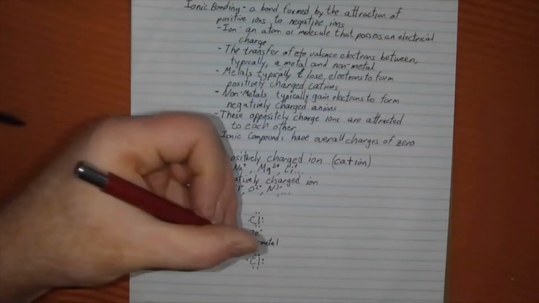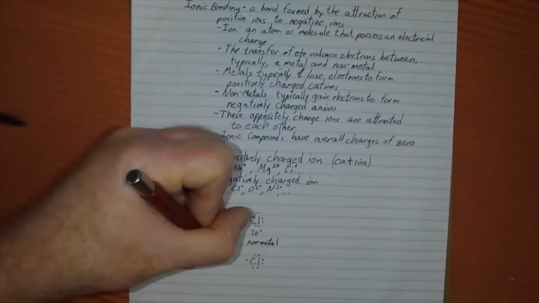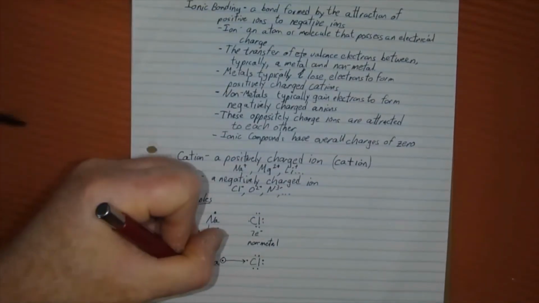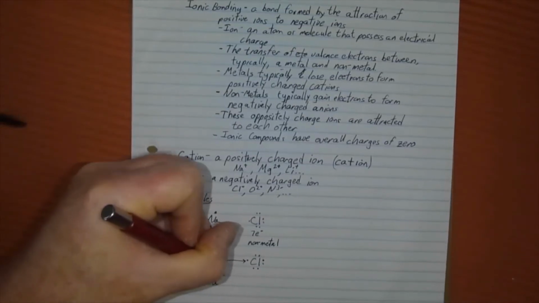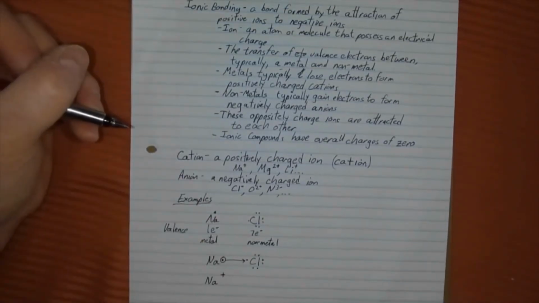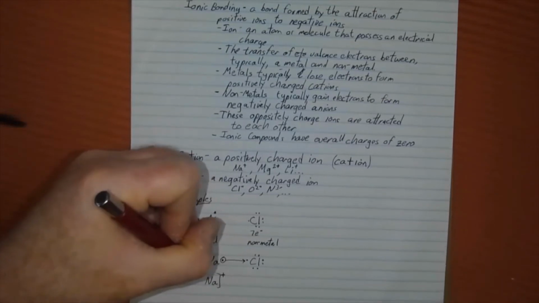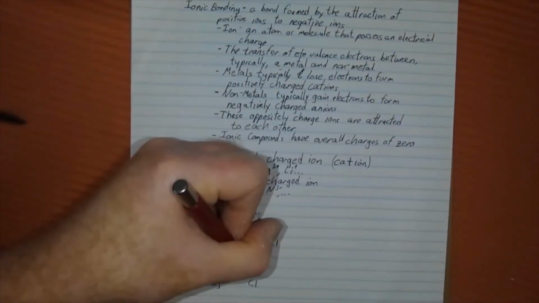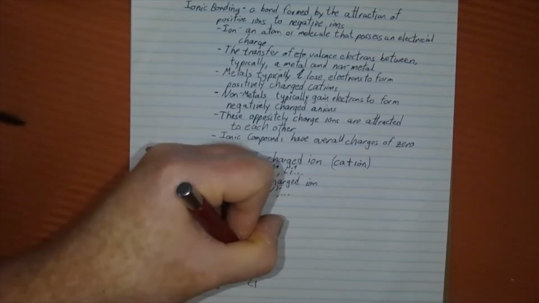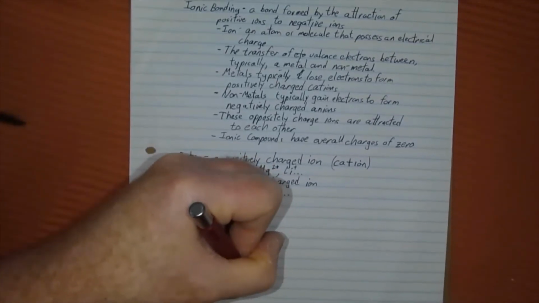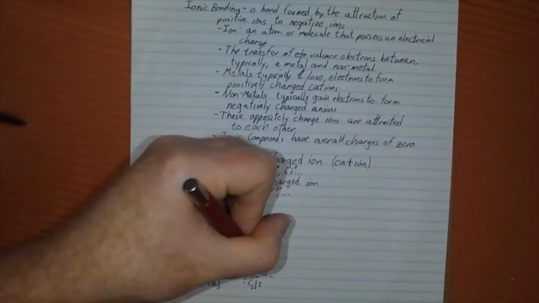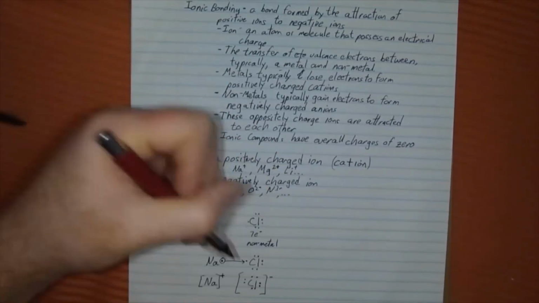So sodium kicks away this electron and shifts it over to chlorine, leaving us with sodium plus. And now chlorine went from having 7 electrons to having 8 electrons: 1, 2, 3, 4, 5, 6, 7, 8. It has an extra electron, giving it a -1 charge. You can just use a minus sign for that.